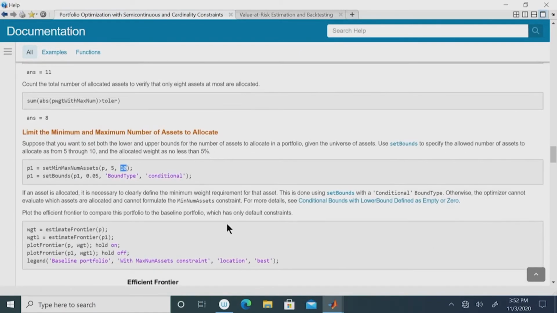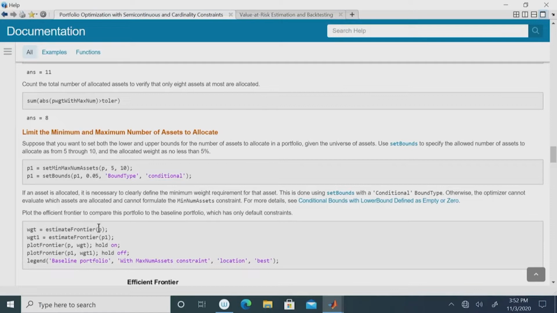Now, again we go ahead and plot the efficient frontier, and make a comparison with a baseline portfolio. The baseline portfolio is the portfolio P, and we compare that with the newly defined portfolio with these two bounds of 5 and 10 number of assets and a minimum weight of 5%.